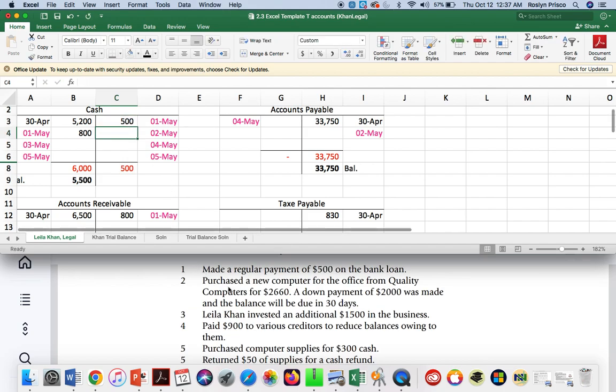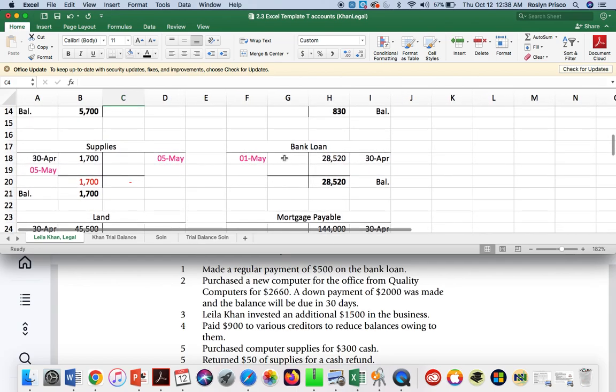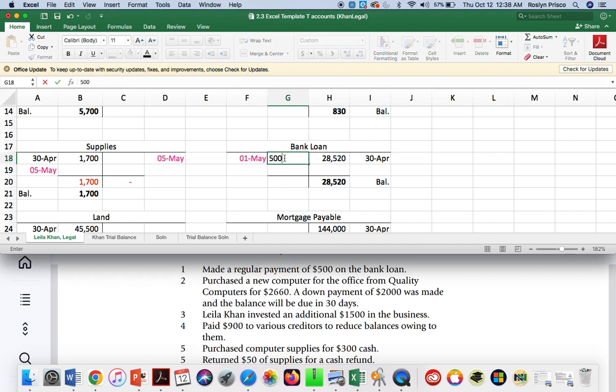And then you're going to go down and find your bank loan on the liability side, and we're going to credit the bank loan 500. Okay, so that's all you're doing. If you just type the amounts in on the correct side, whether it's a debit or a credit, making sure that you have at least one debit and at least one credit in every transaction, you should be good.